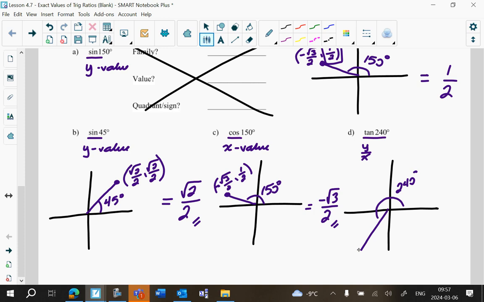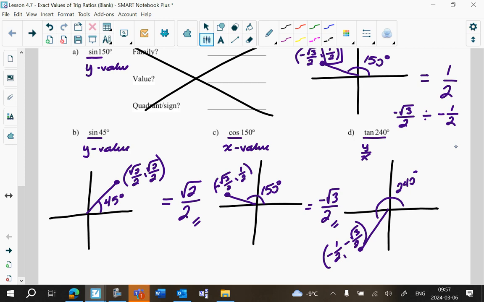What's this point here? So that means to find tan, I have to take the y value, negative root 3 over 2, and divide it by the x value of negative 1/2. Remember, when we divide fractions, we change it to a multiplication by the reciprocal of the second one.